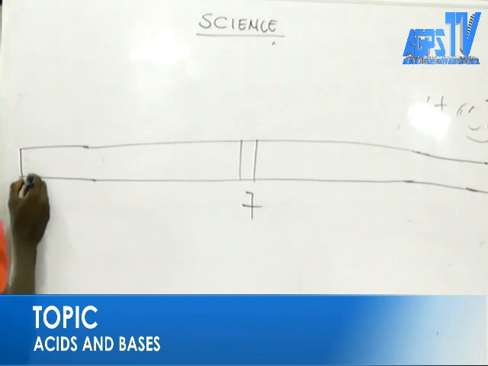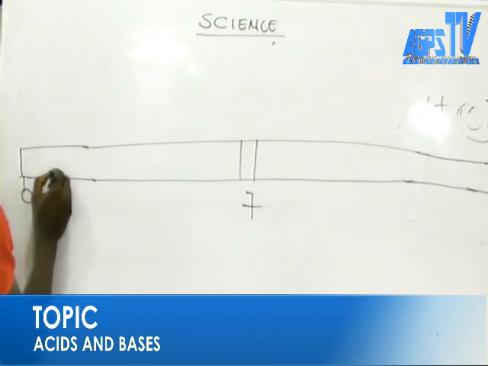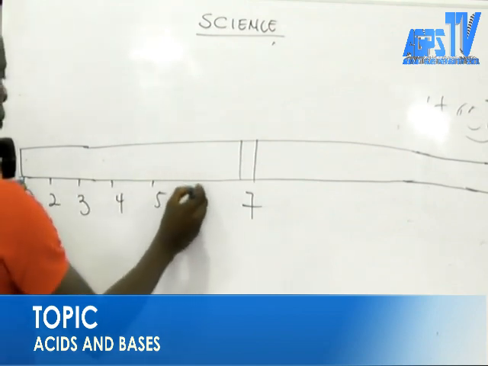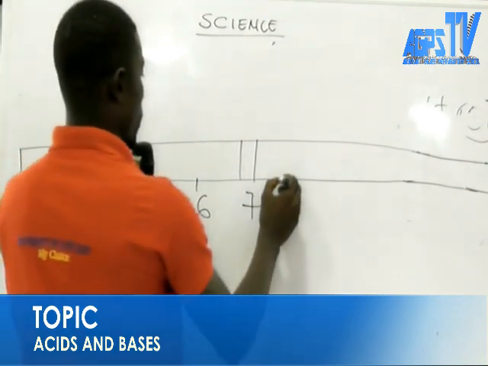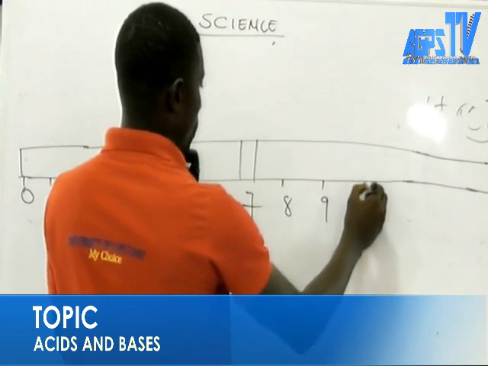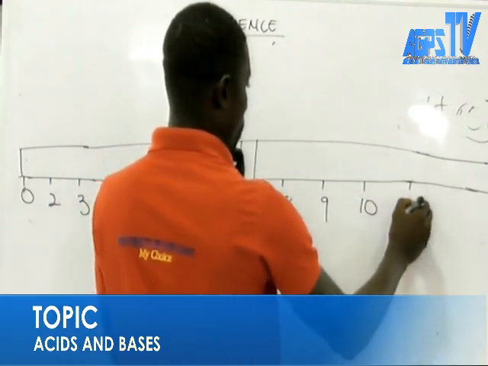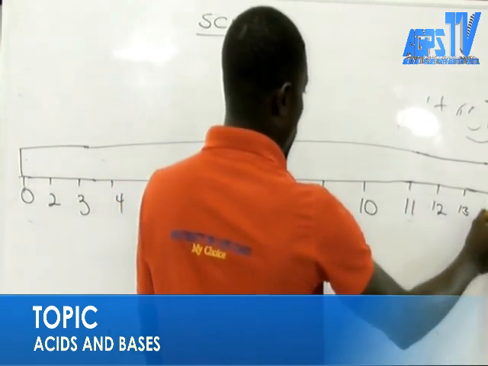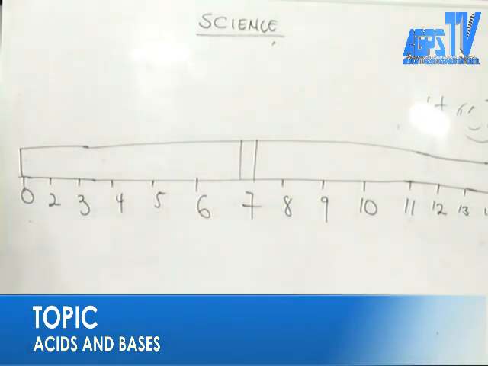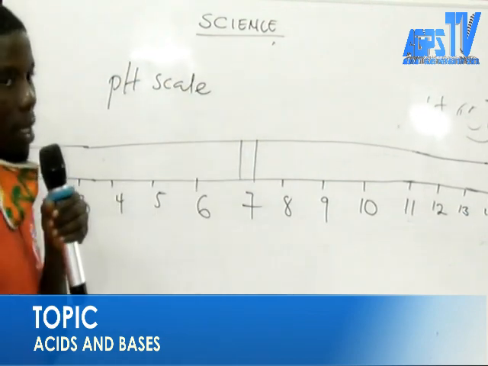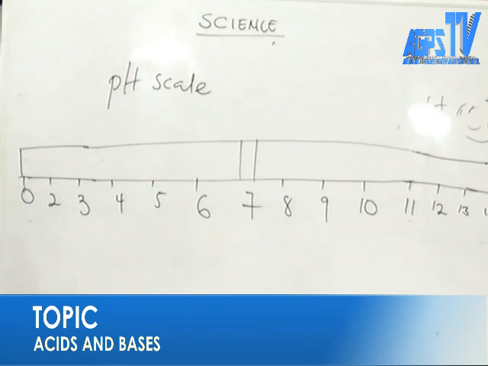So here we have 0, 2, up to 14. This is the pH scale.